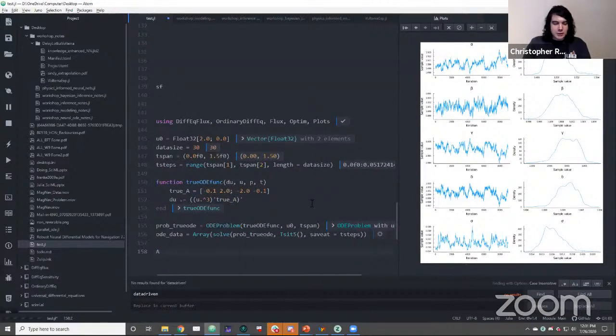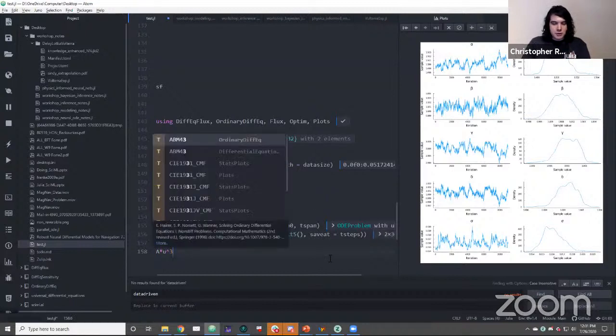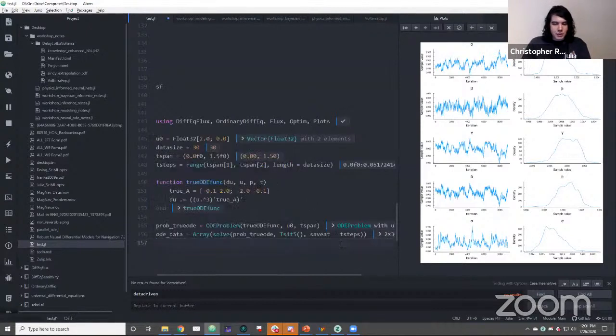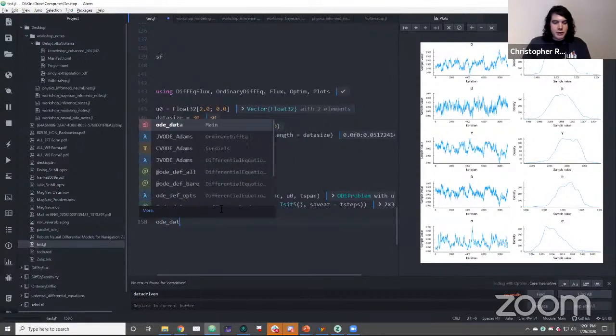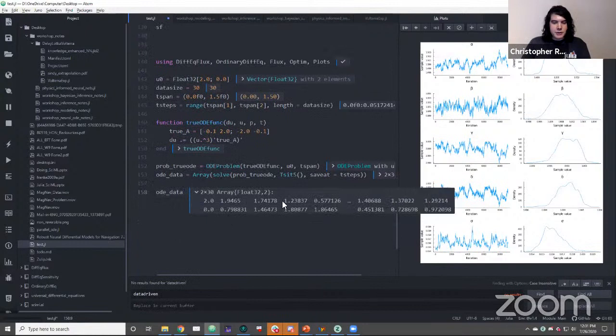It's this equation, u times u cubed, in 2 dimensions. So here I generated this data set, which is the ODE data, just from this equation, the same way that we did it before, for example, with Lotka-Volterra.